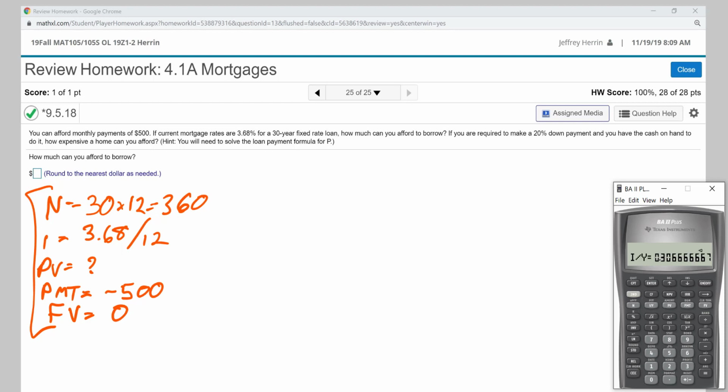Don't know what my present value is, but my payments are going to be 500. Actually, that should have been negative 500. And we'll compute our present value, and I get $108,896 and 28 cents.